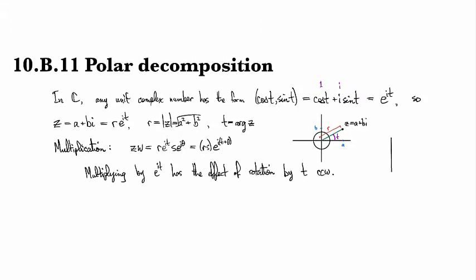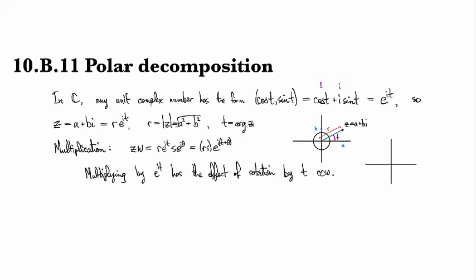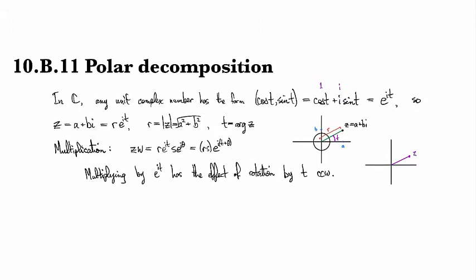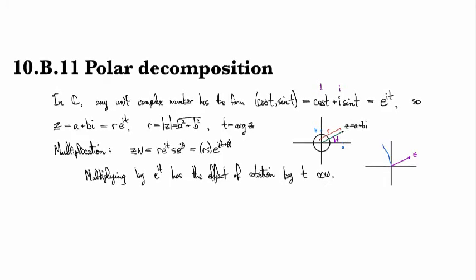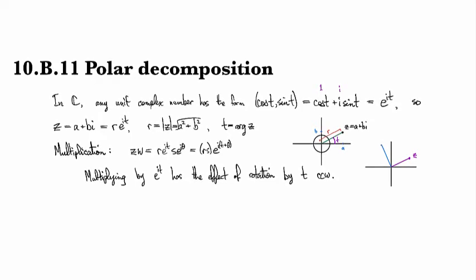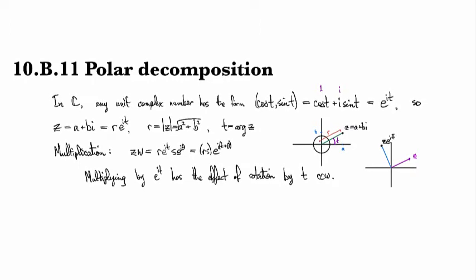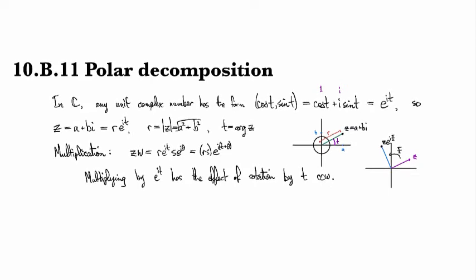So in other words, if I have, say, this point here as my z, then if I multiply z by e to the i pi over 2, then I'm going to be out here. So this is going to be z times e to the i pi over 2. So I just rotated it this way by pi over 2. All right.